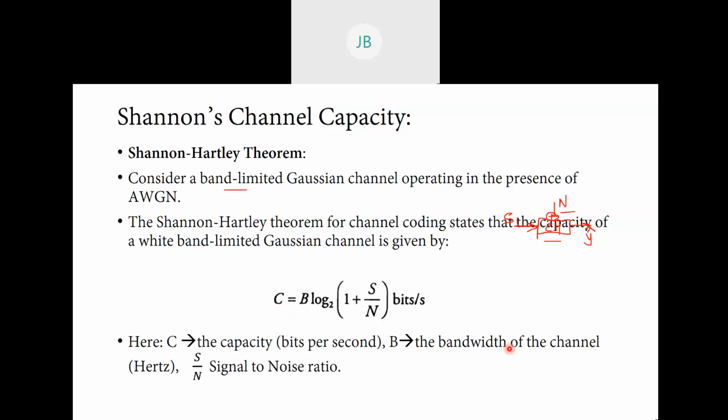B is the bandwidth of the channel, and S by N is the signal to noise ratio. This is the signal power divided by the noise power. The signal power that we introduce to the channel, divided by the noise power, that is the power of the noise that gets added in the channel. That ratio gives us the SNR.